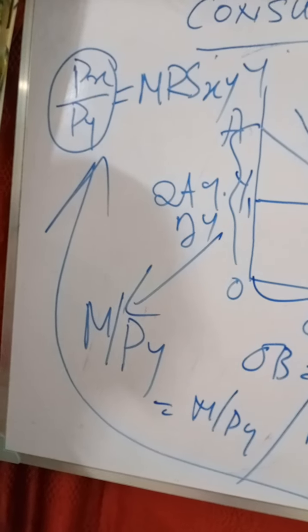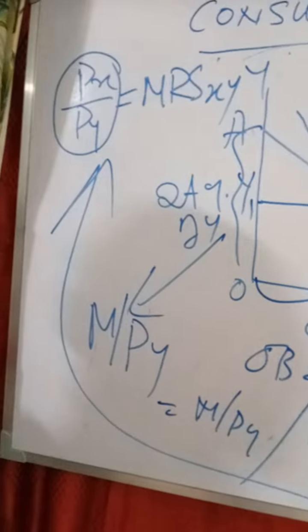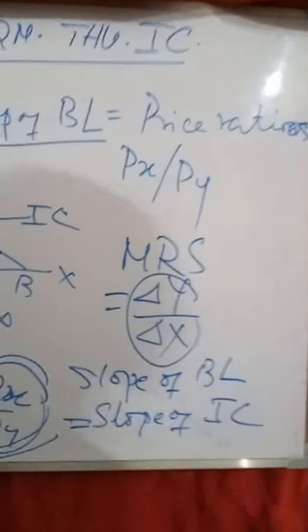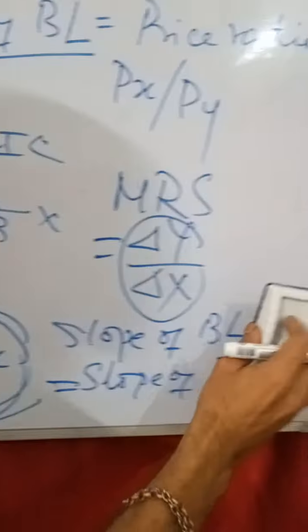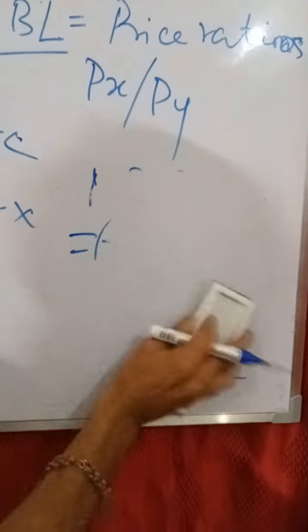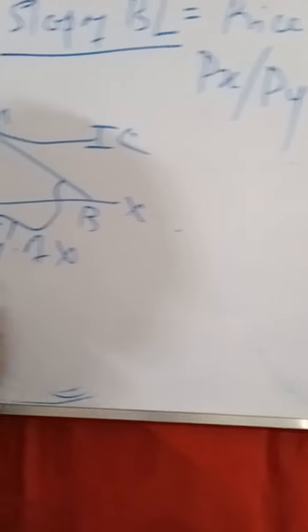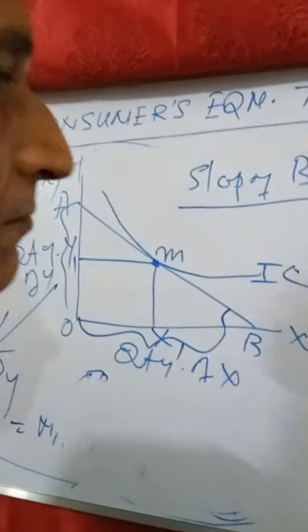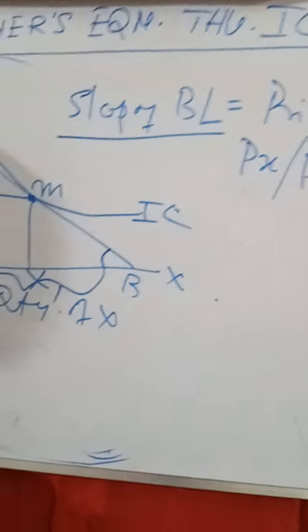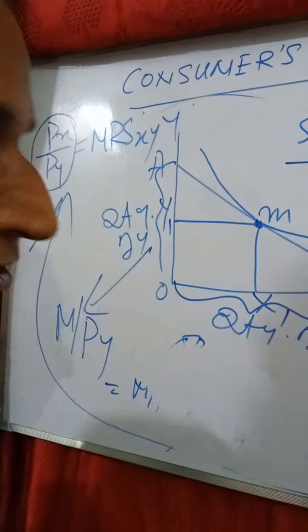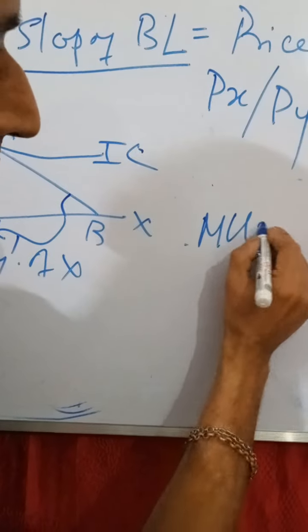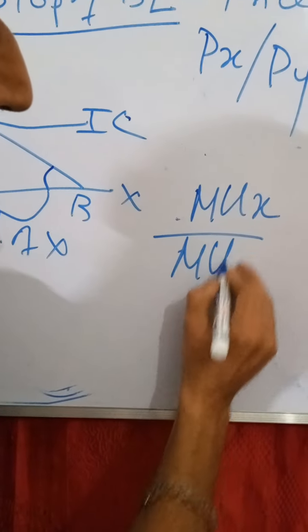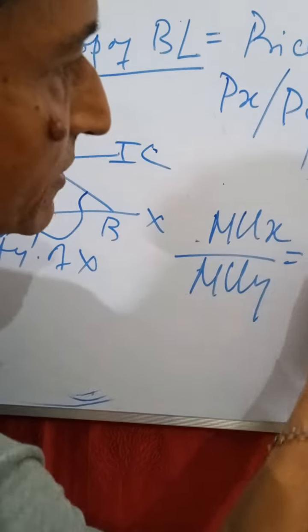Now remember Marshallian utility theory. In Marshallian theory, that is the law of equi-marginal utility, we have learned that MUX by MUY is equal to Px by Py.